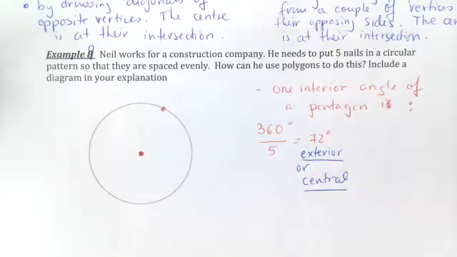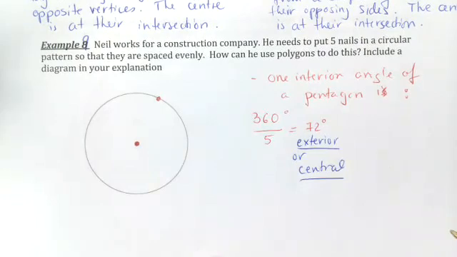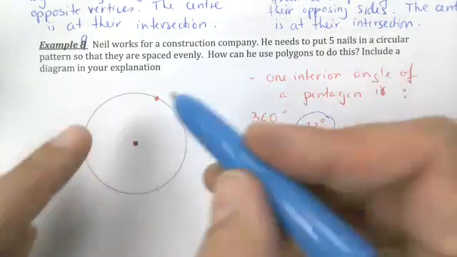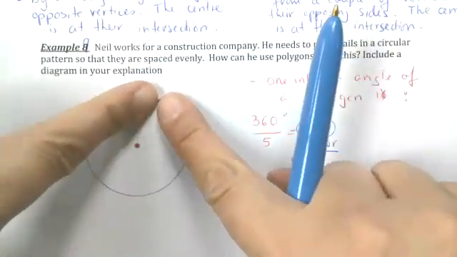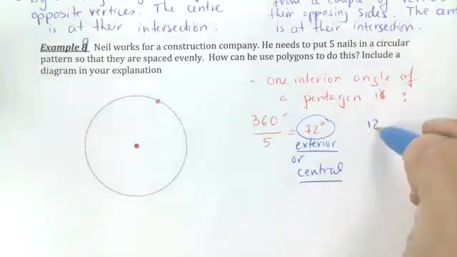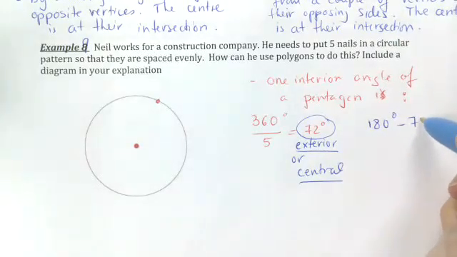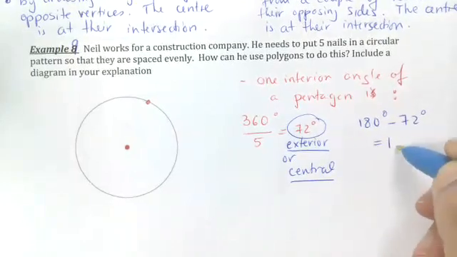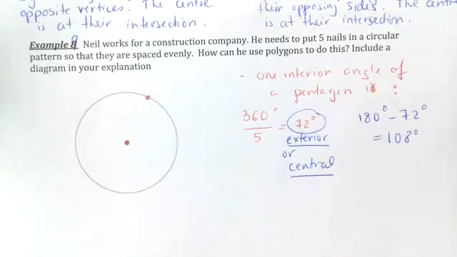They're exactly the same measure. What I want is to use the 72 to find the interior angle, the one that forms right there at the vertex. So 180 minus 72 is 108.